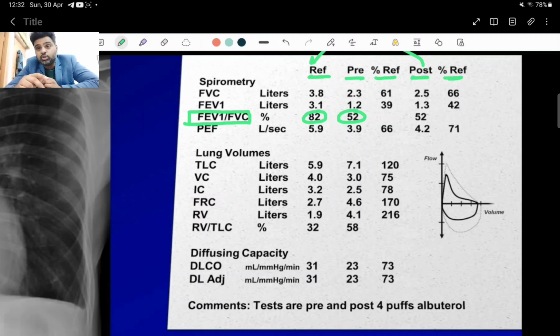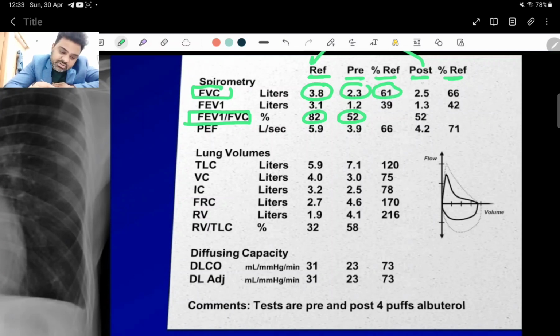Now second point, we will look at the FVC, whether FVC is reduced or not. If FVC is reduced, then the patient can have a mixed disease or a severe obstructive lung disease. If FVC is normal, then the patient will have only a mild to moderate obstructive lung disease. So now this is the reference, and the value before the puff is 2.3, that is decreased, and the percentage is 61, less than 70%, and post also it is decreased, and this value 66% is also decreased.